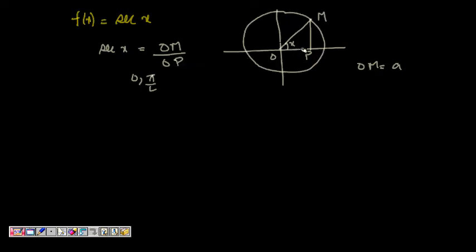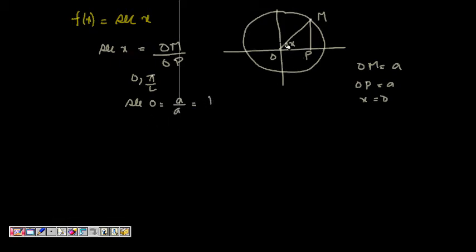When x is very small, it is 0, so OP will be equal to OM, OP will be A when x is equal to 0. So sec of 0 is equal to A by A, which is equal to 1.